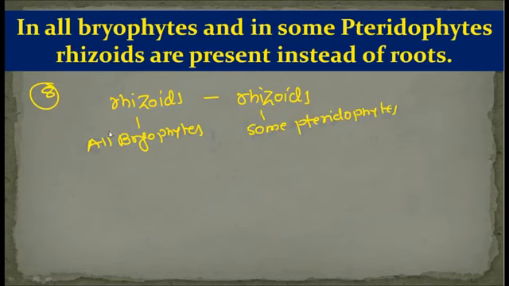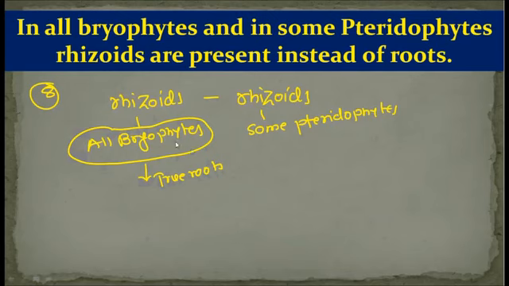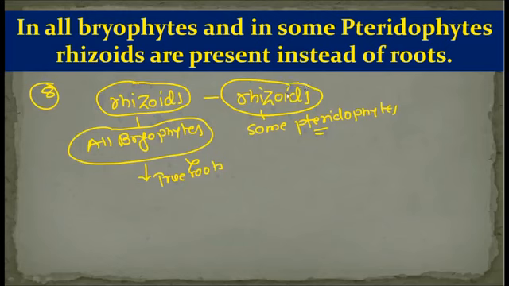That means all the bryophytic members have rhizoids instead of true roots. Rhizoids are root-like structures which are present instead of true roots. They are not really true roots, but they look like roots. That is why the new term, rhizoids, has been used.